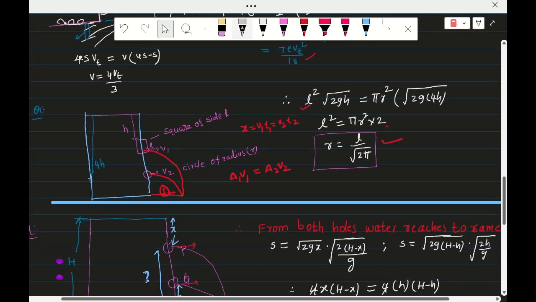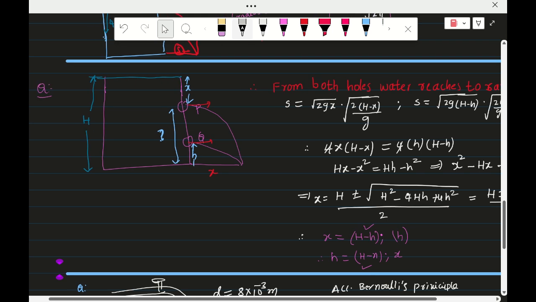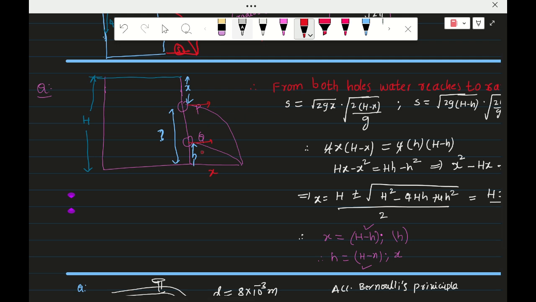Next one. Next question. So here, as we discussed in the above model, these two velocities are coming out with Vp and Vq and reaching the same level from the bottom of the tank.